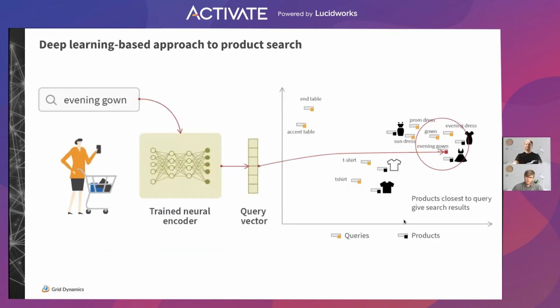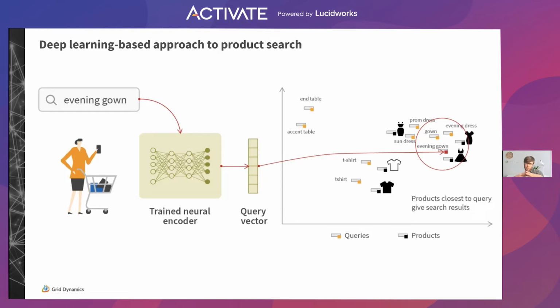Thank you. So the core idea under the hood of this process is to have a neural network, especially trained model, which we will be able to get user input as a text and convert it into a query vector, which we call embedding.